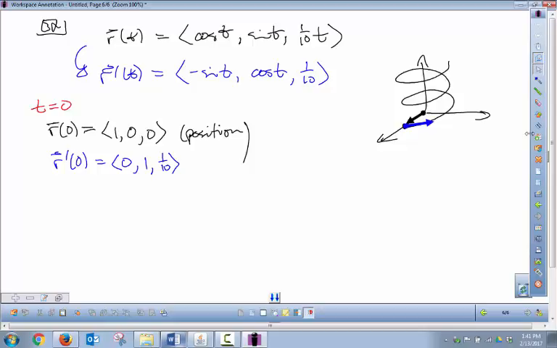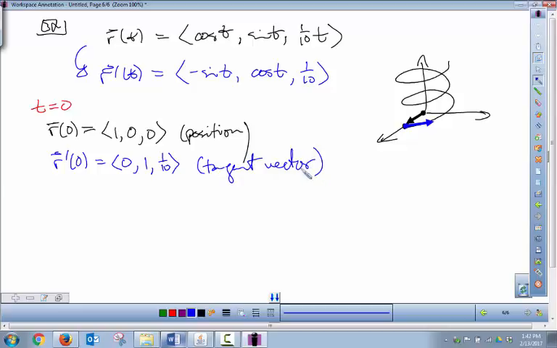Okay? So I want to be careful calling r prime of t the tangent vector, because technically this is a vector function.